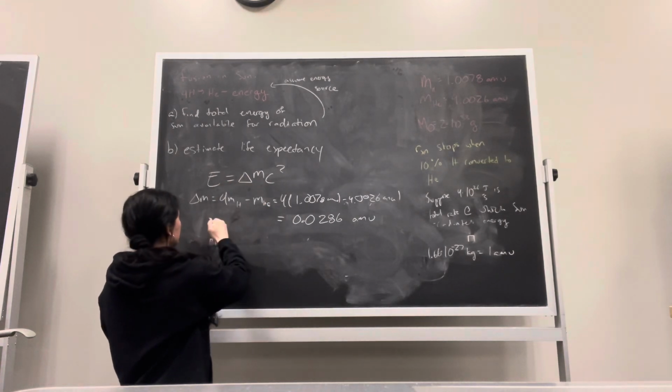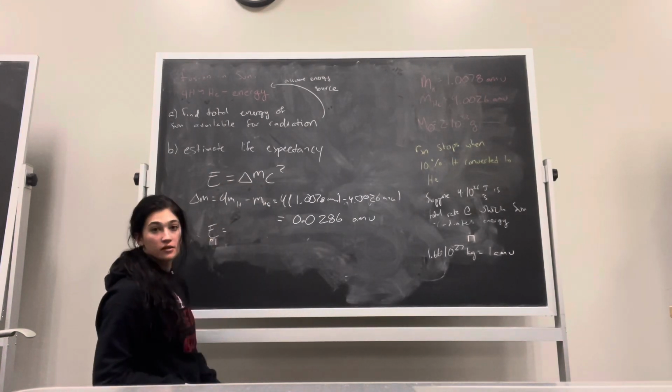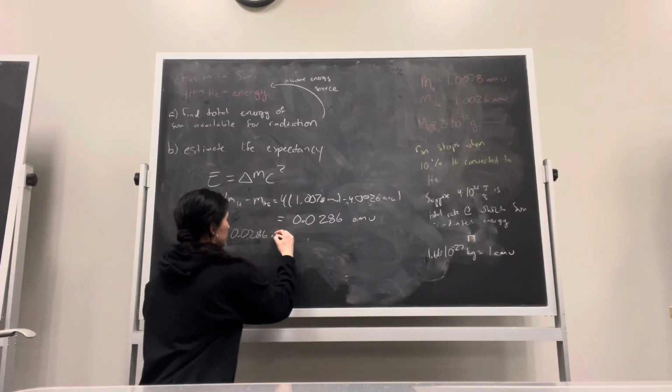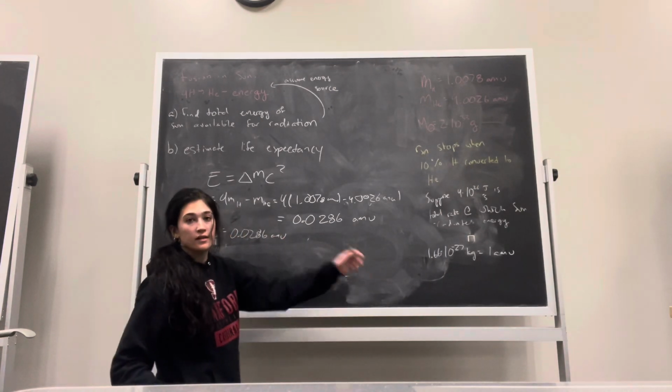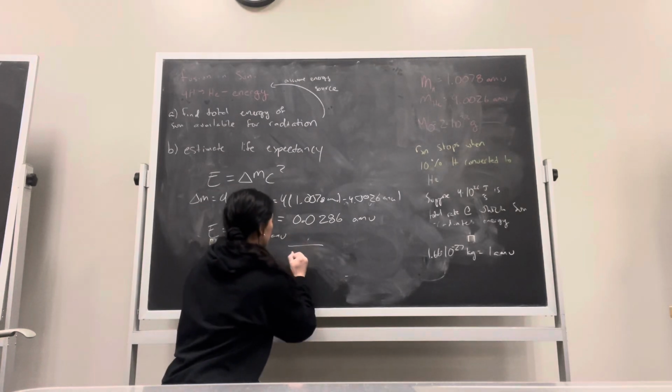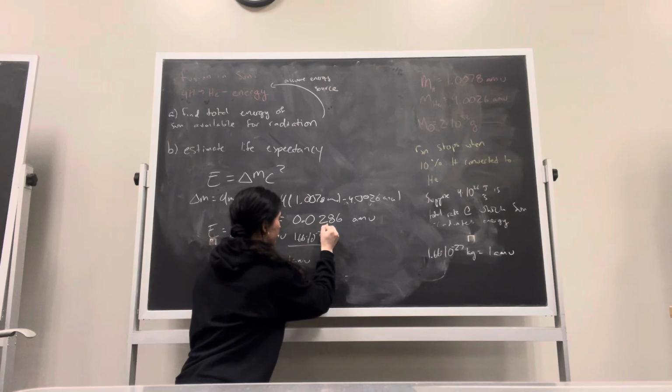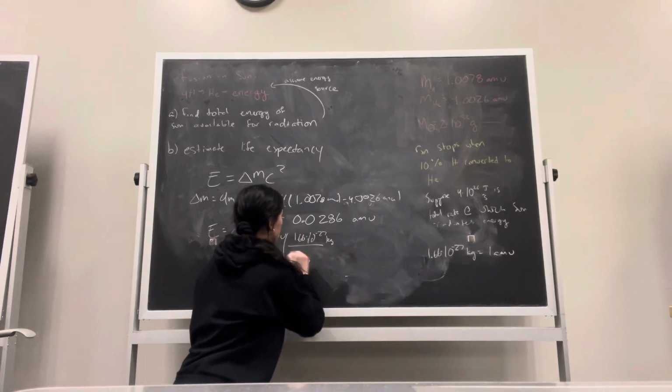And then we use this to solve for E, 0.0286 AMU. We want to convert this to SI units. We know that 1 AMU is equal to 1.66 times 10 to the negative 27 kilograms.